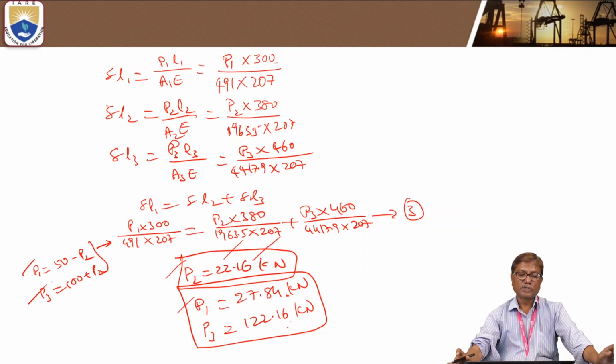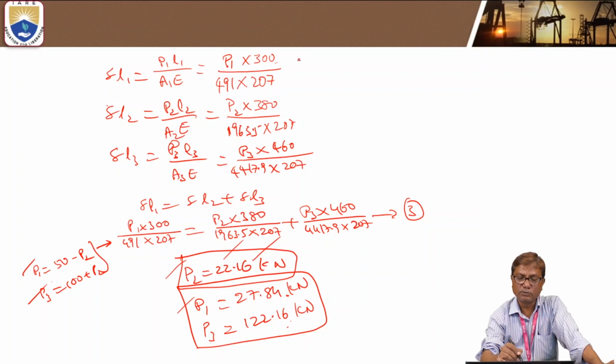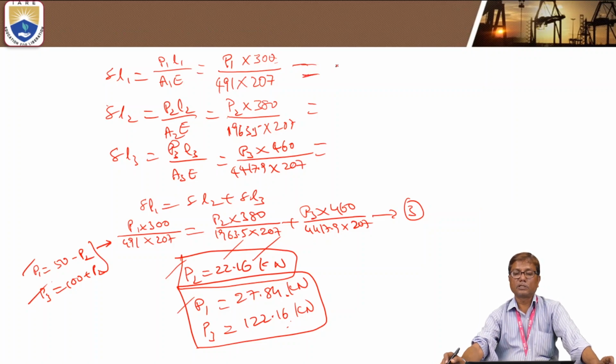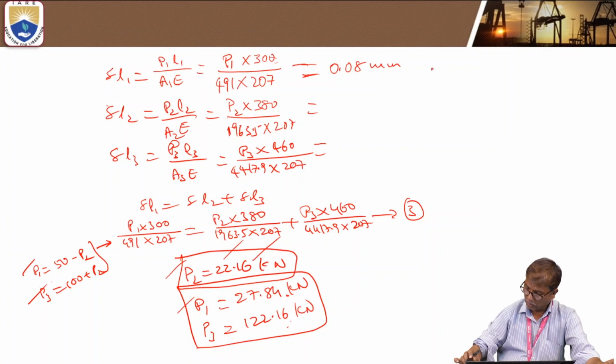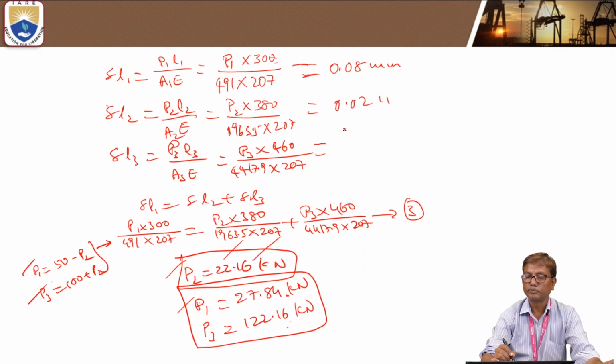So knowing these values P1, P2, P3, we can find delta 1, delta 2 and delta 3, the changes in length of portions AB, BC and CD. Which gives delta 1 as 0.08 millimeters, delta L2 is 0.02 and 0.06 millimeters.